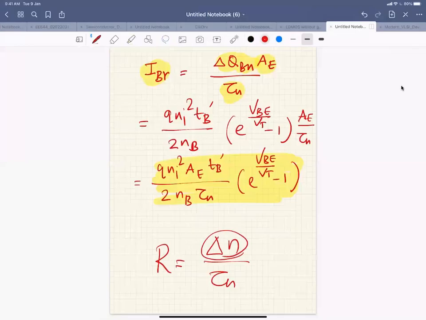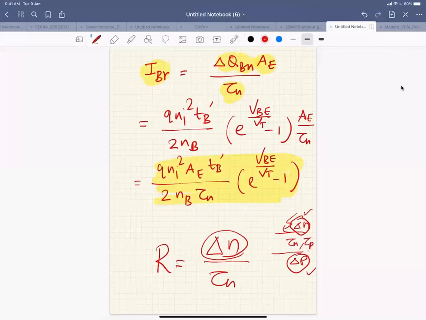Think of a semiconductor where I flash light and generate delta n and delta p. In the conduction band I have delta n, and in the valence band delta p. These are the excess carriers. Now, if you remove that light, these excess carriers will recombine, and the recombination depends on tau n and tau p, the lifetime of the carrier.